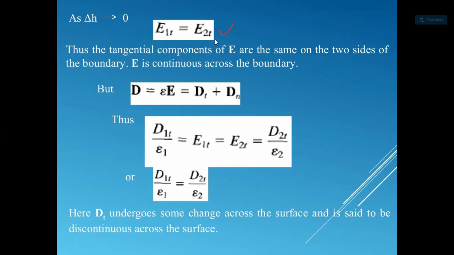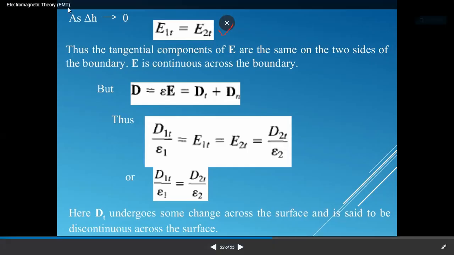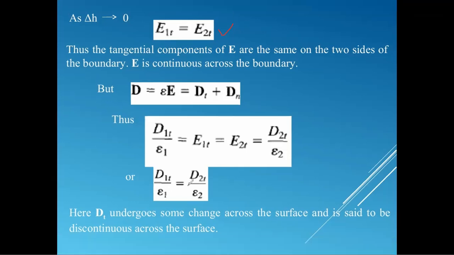This equation can be rewritten as D1t upon epsilon 1 is equal to D2t upon epsilon 2. So the tangential component of flux density is also continuous, but the thing is, not D1t equal to D2t, rather D1t upon epsilon 1 is equal to D2t upon epsilon 2.